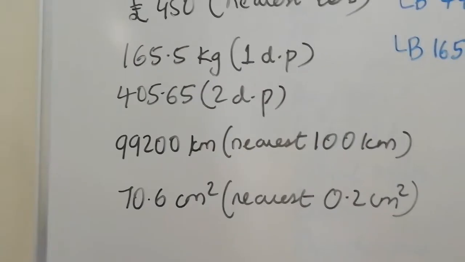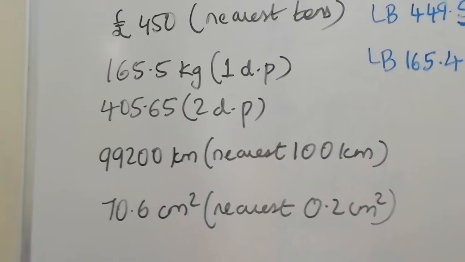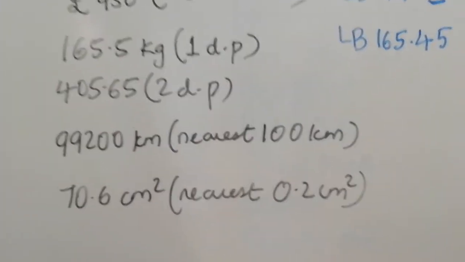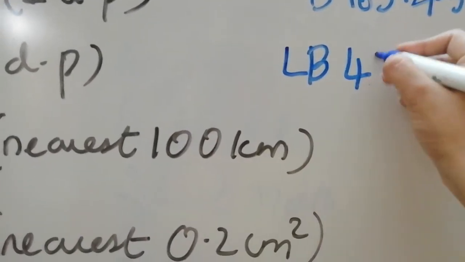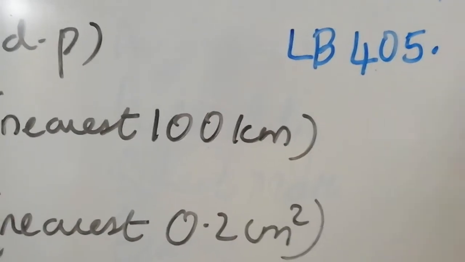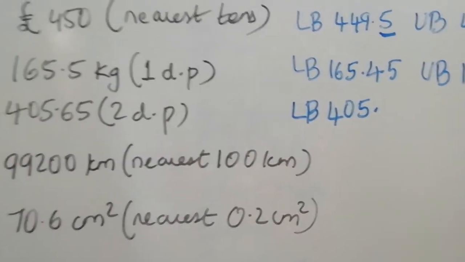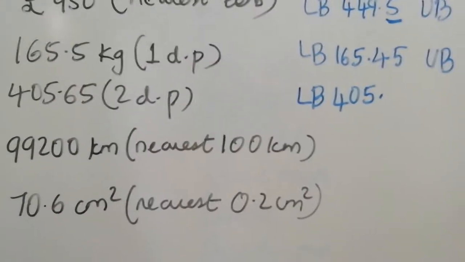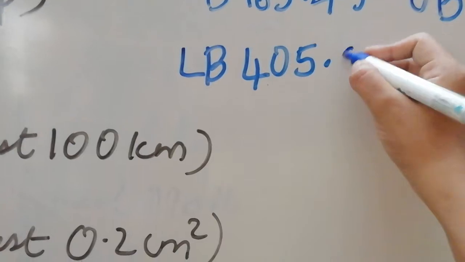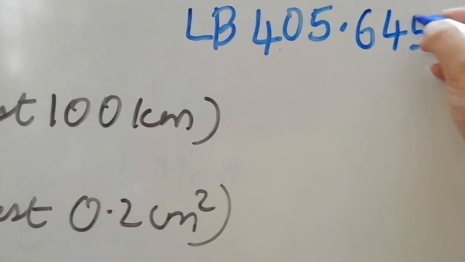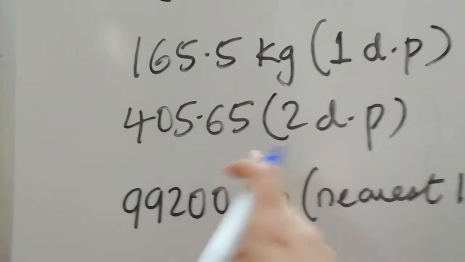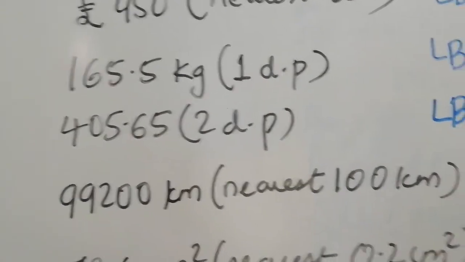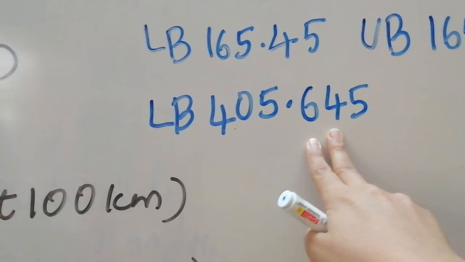Next sum, 405.65, to 2 decimal places. So when we convert it, we want the answer up to 2 decimal places. Before the decimal your number will be 405, and after the decimal it will be 0.645. Instead of writing 0.65, I have written it as 0.64 and then 5.